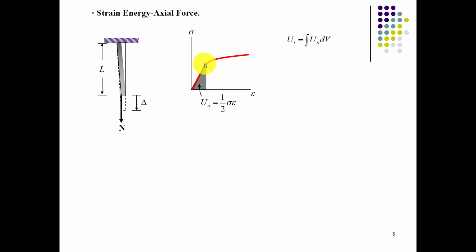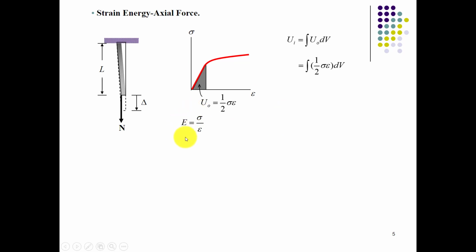So the internal strain energy within the linear limits or elastic limit can be written as half of stress into strain. So keep in mind this strain energy is valid up to the elastic limit. So we can write the internal strain energy as half of stress into strain, which is the slope of this linear curve.